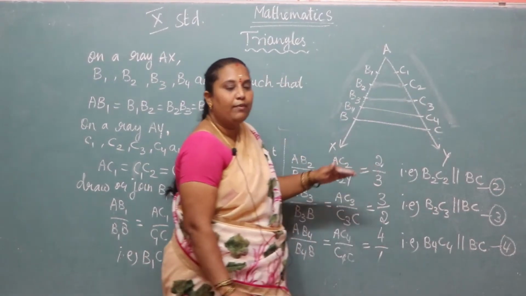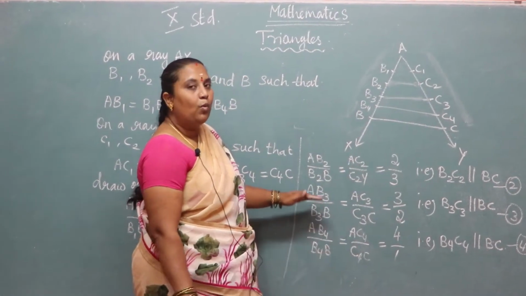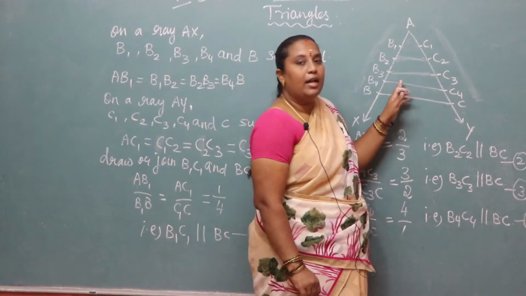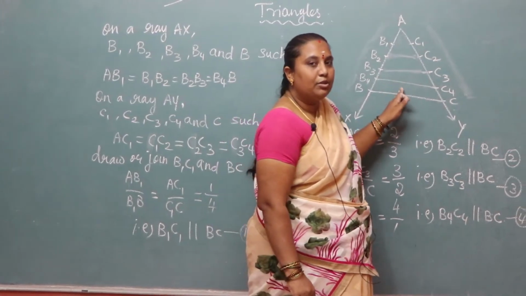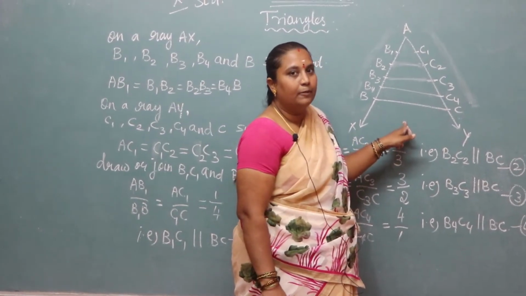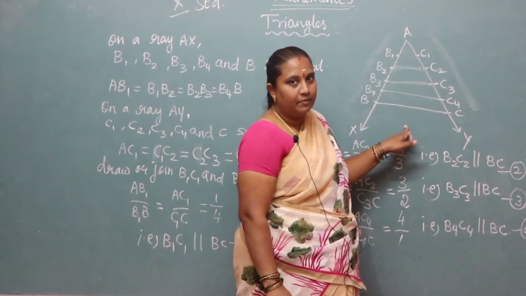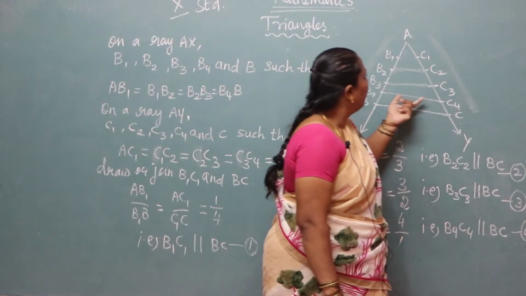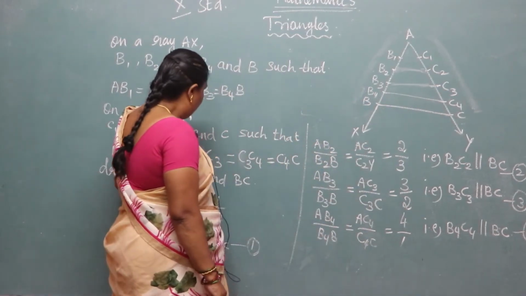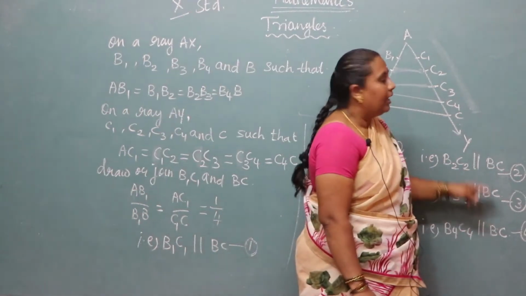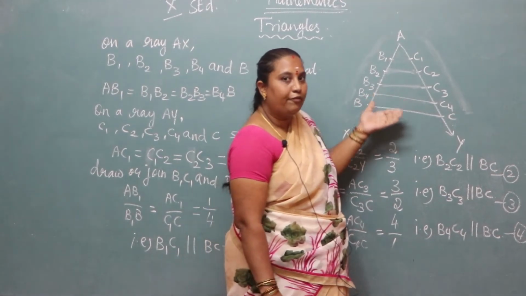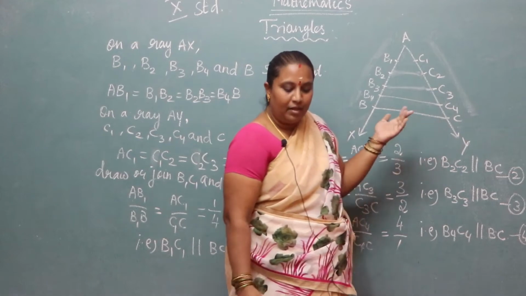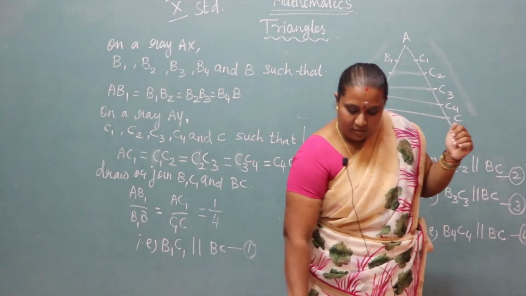From these 4 equations we can conclude: a line drawn parallel to one side of a triangle is dividing the other sides in the same ratio.